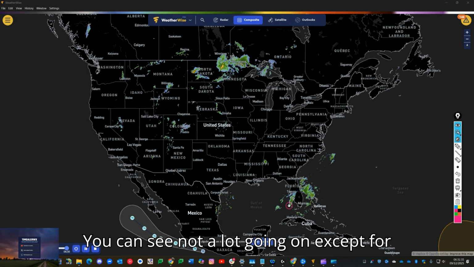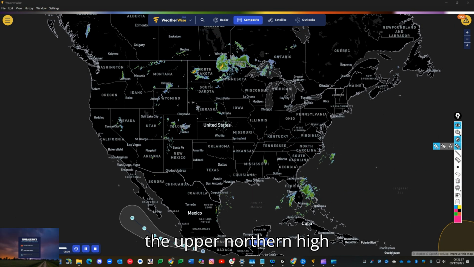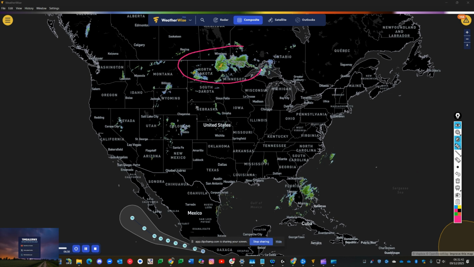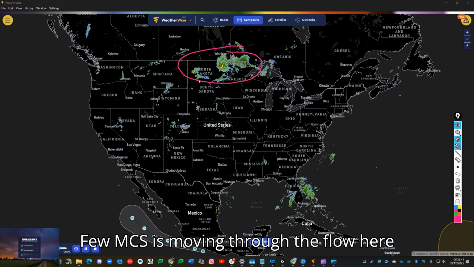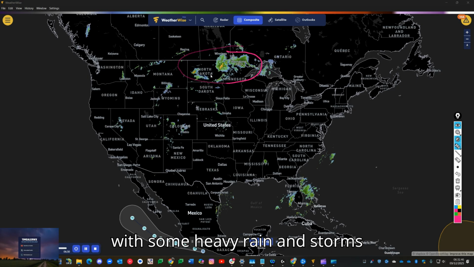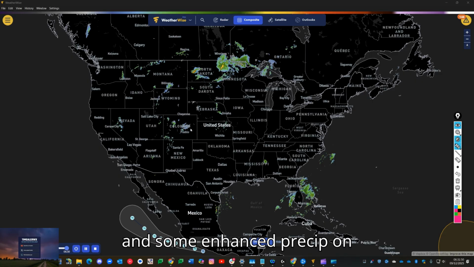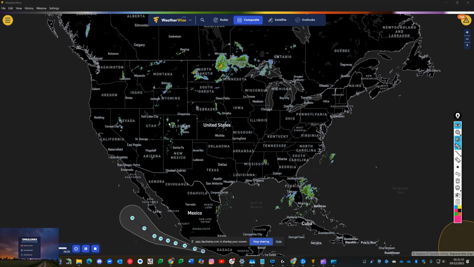As you can see, not a lot going on except for the upper northern high plains. A few MCSs moving through the flow here with some heavy rain and storms, and some enhanced precip in the Intermountain West, right?